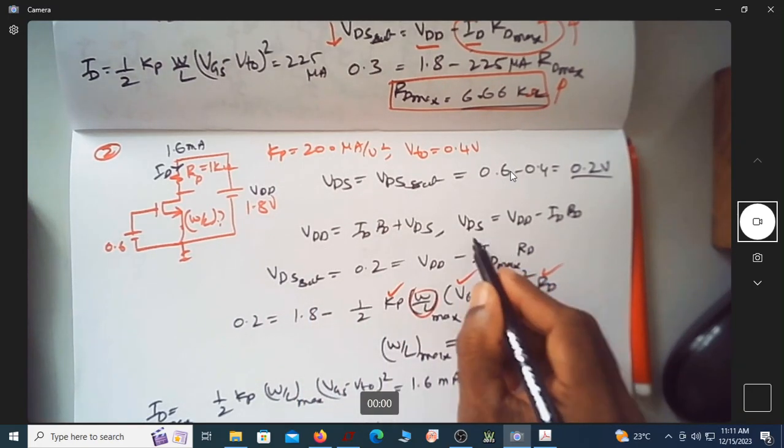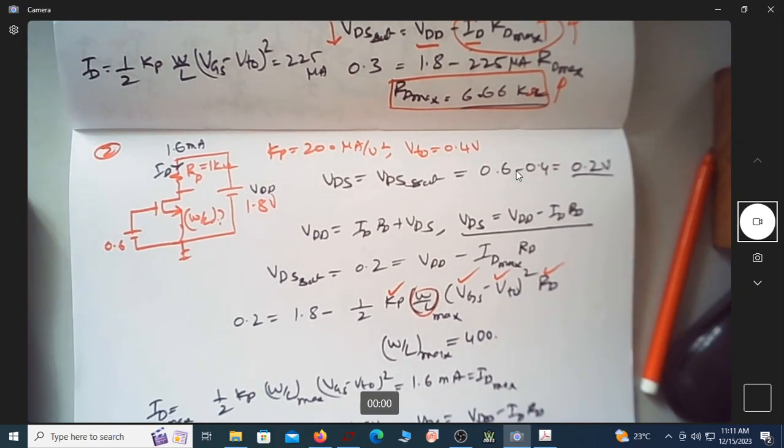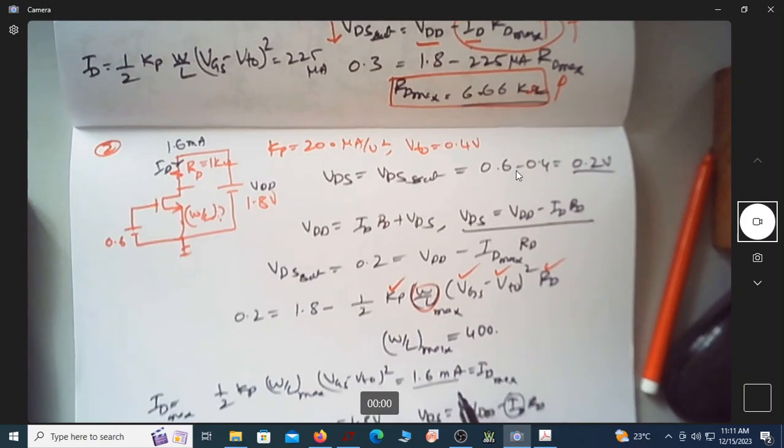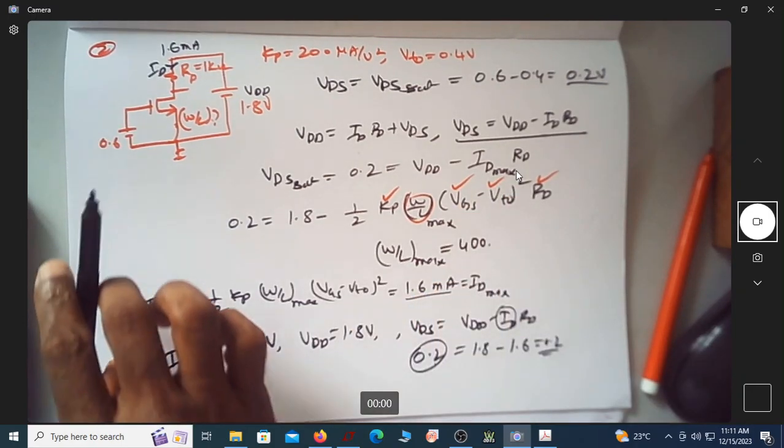Then what is VDS? Using this equation, VDS is equal to VDD minus ID RD. Is it not 1.8 minus 1.6, which is equal to 0.2? So when the ID flowing is 1.6 milliampere, VDS will be 0.2. That's what we found out.